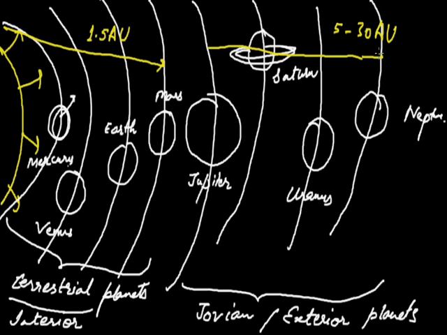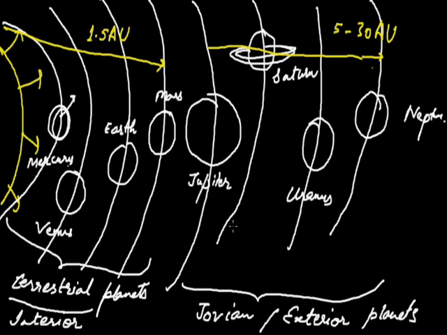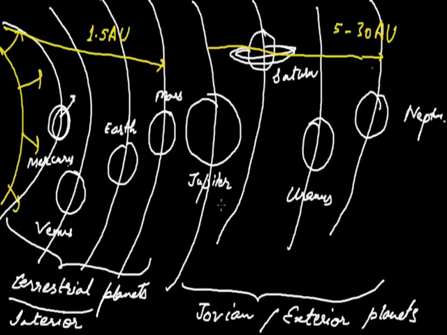In short, initially the planets are not very distant from each other, but the Jovian planets' inter-distances are so large that they appear to be situated at larger distances. So that was the classification of planets according to their distances from the Sun.